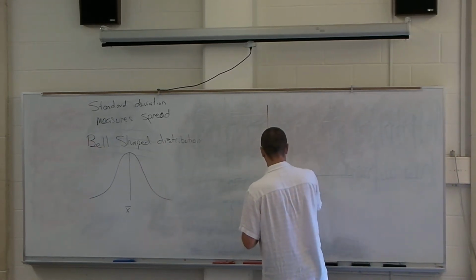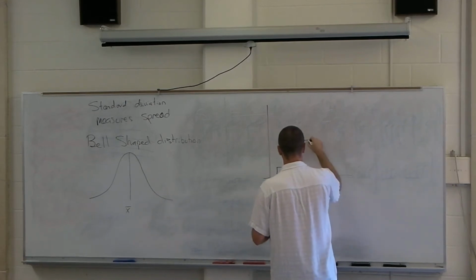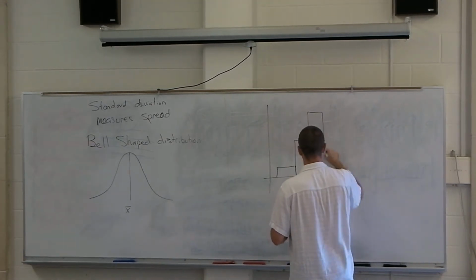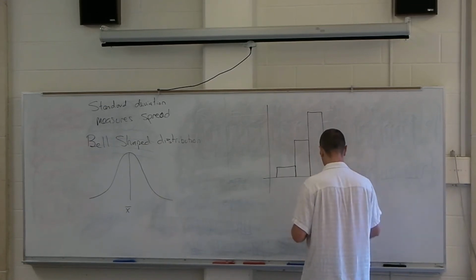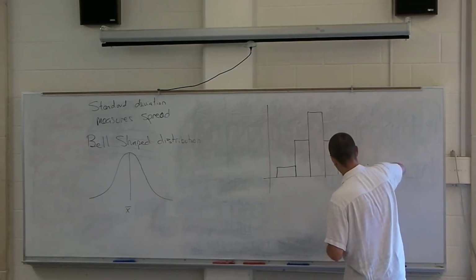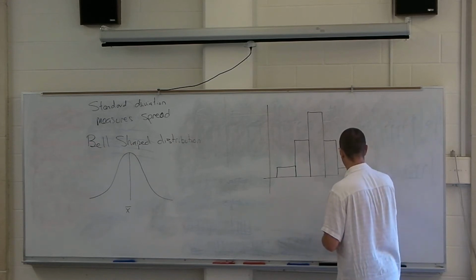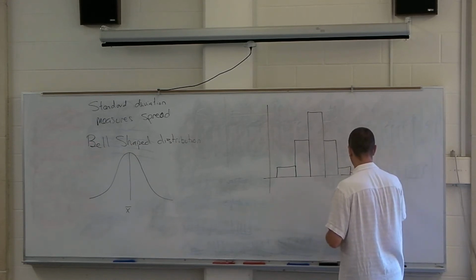We had a little block down here, a slightly higher block here, our biggest one in the middle, slightly smaller on the other side, another slightly smaller one. And then our very smallest one right here.